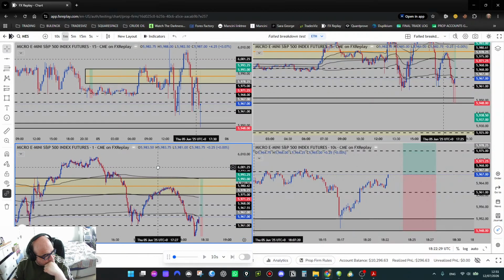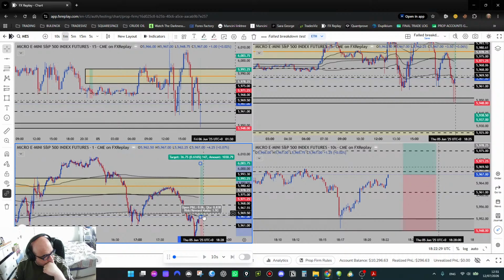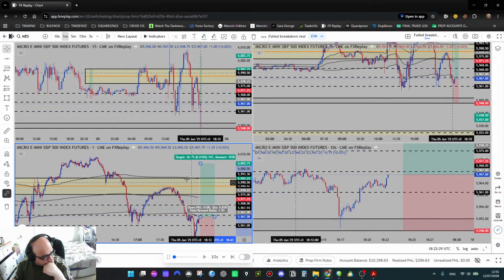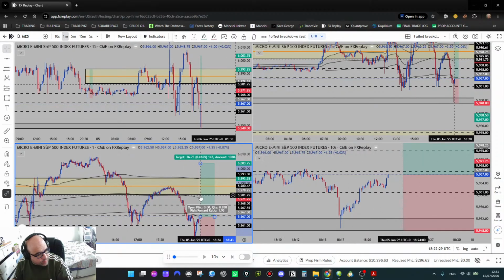Actually, I can have my ultimate target at highs right about here, and then I can scale out at the VWAP, which is always the first scale out. Then I can leave one position running maybe to the previous DVA high, and then see how it's going to go.